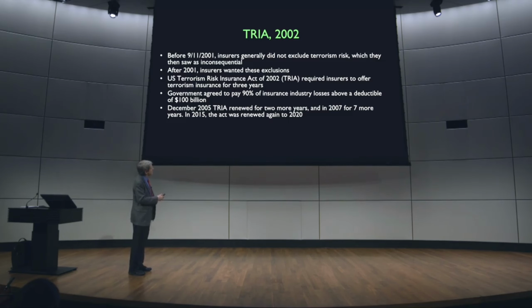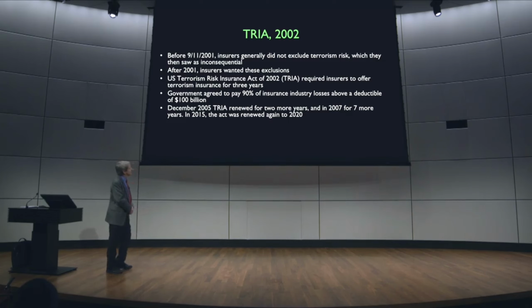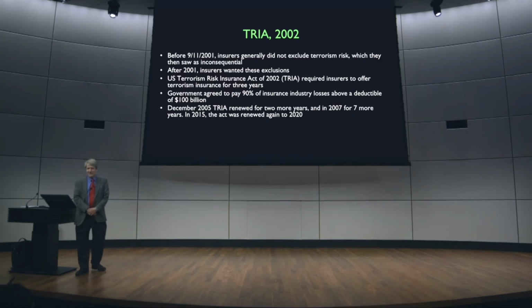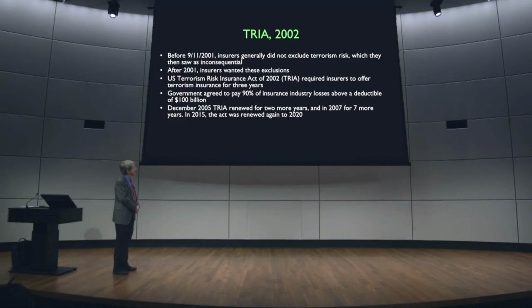So in 2002, the United States Congress passed the TRIA, the Terrorism Risk Insurance Act of 2002, which required insurers to offer terrorism insurance for 3 years. But the government would pay for it, or at least 90% of it, because they decided it was too much of a tax on the insurance company to ask them to bear this risk.